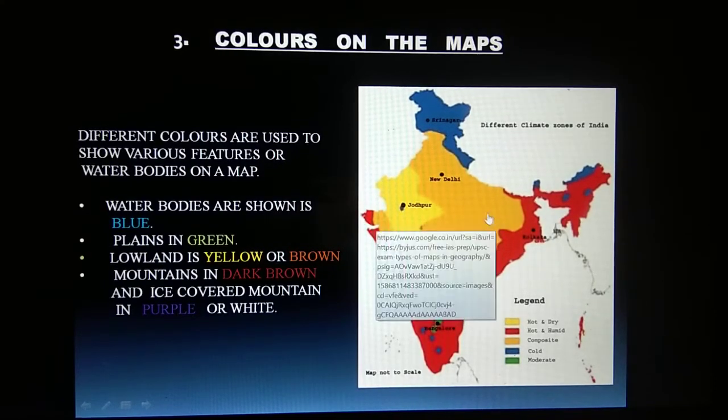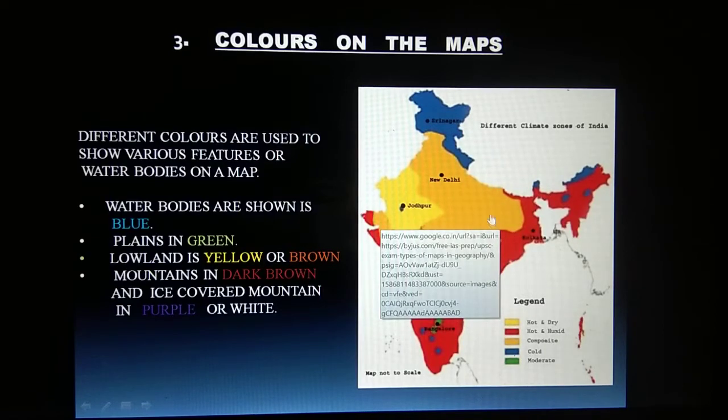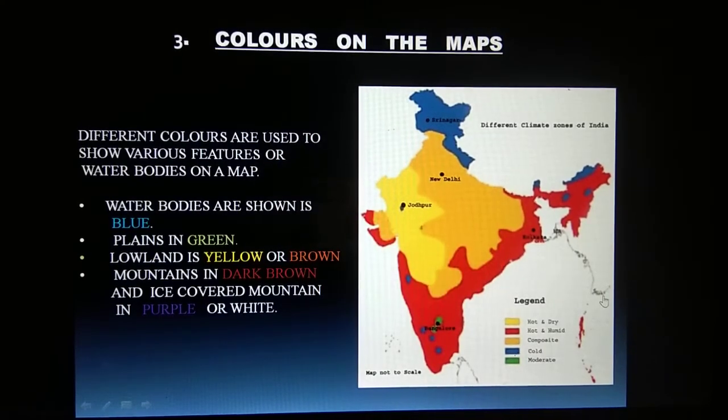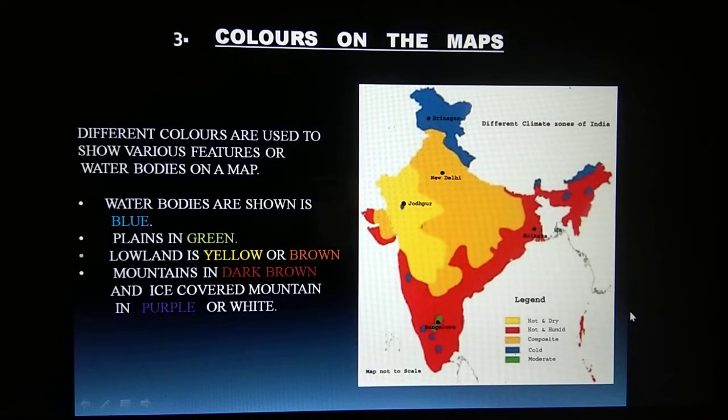Now this lightish orange represents the composite climate of India, while blue represents extremely cold places and green represents the moderate places. So different colors are used to show different features or water bodies on the map. Suppose this is the climatic map. So the different colors are showing the different climate situations in India. Okay?